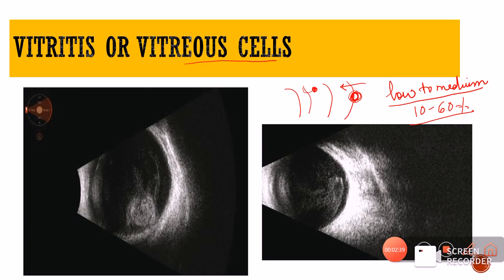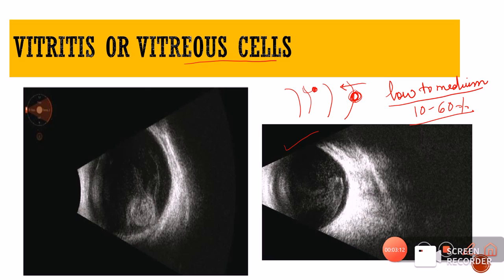However, if a patient gives a history of trauma and the signs of inflammation are not present, or the patient has diabetes mellitus or diabetic retinopathy, or is an old patient who has a CNVM on fundus examination, then you might think in terms of vitreous hemorrhage. However, in a case of uveitis, you might want to think in terms of vitreous cells. So this picture shows the presence of vitreous cells in the posterior vitreous cavity.